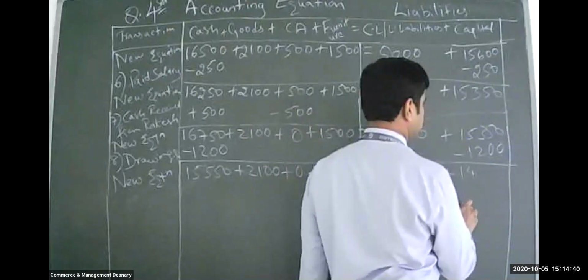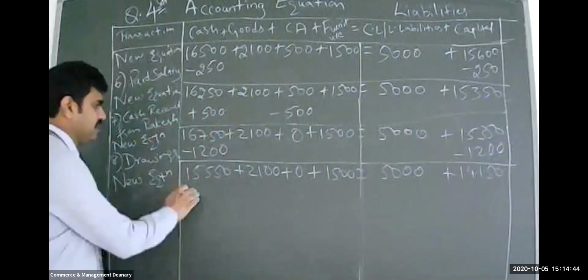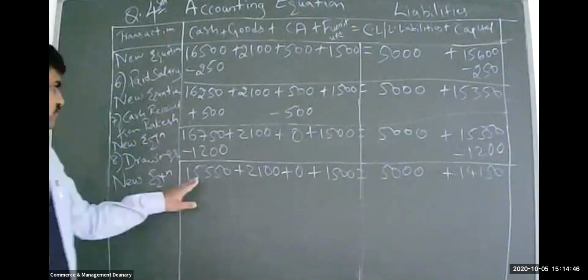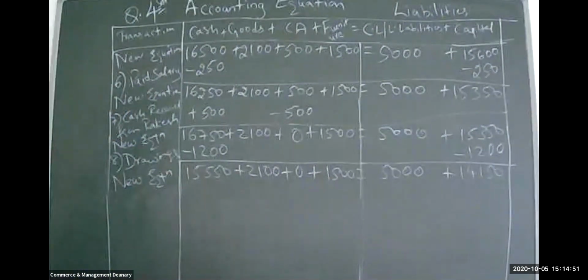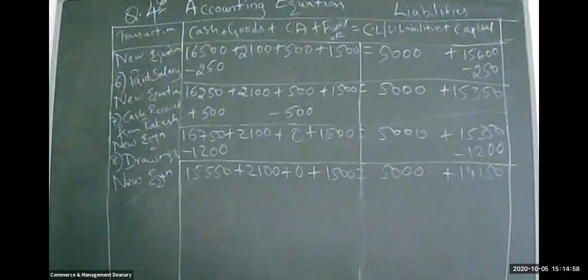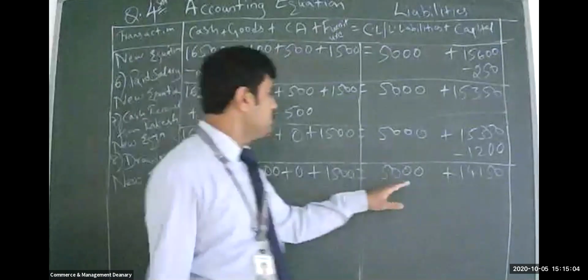Let's check: 15,550 plus 2,100 plus 1,500 plus 5,000. How much is it? 19,150. And here? 19,150. That means you are correct, and then you can go to the next equation.